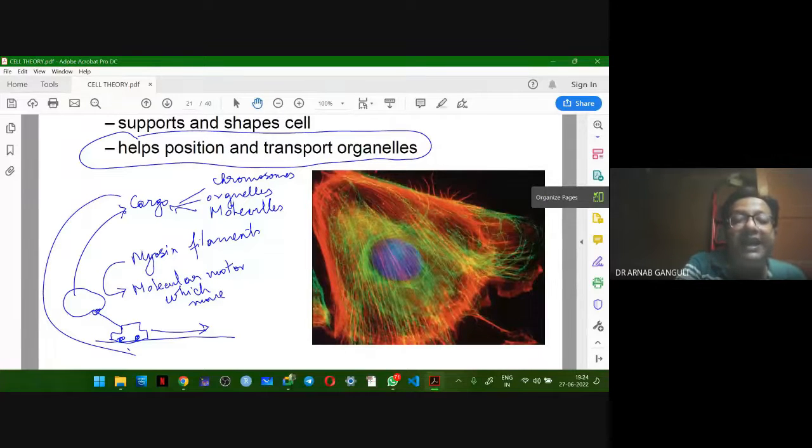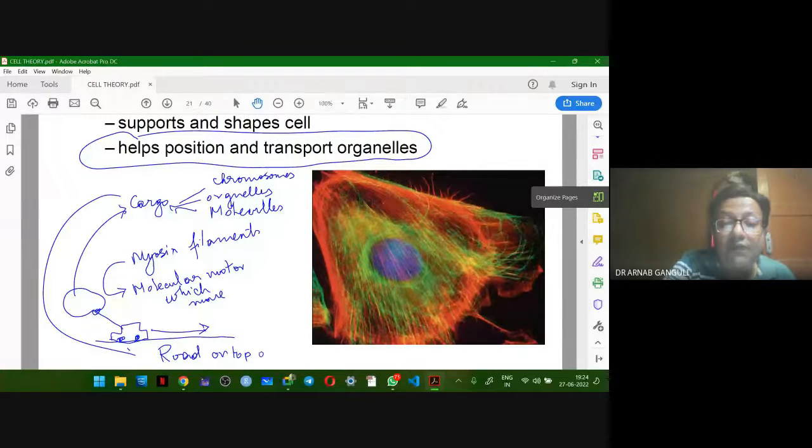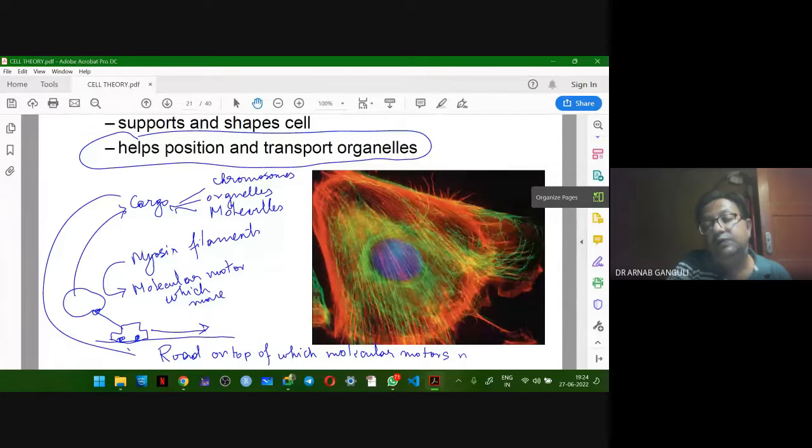So these filaments act like a road on top of which molecular motors move. Examples of molecular motors are kinesin and dynein.